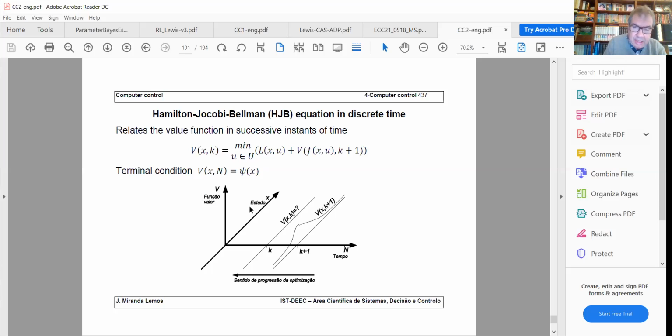Instead, in reinforcement learning, which is unsupervised learning, you give a reward. You don't say it's correct or incorrect. You give a reward.